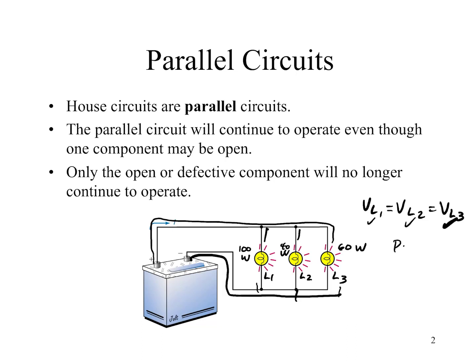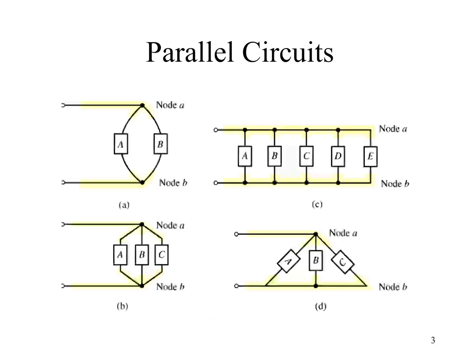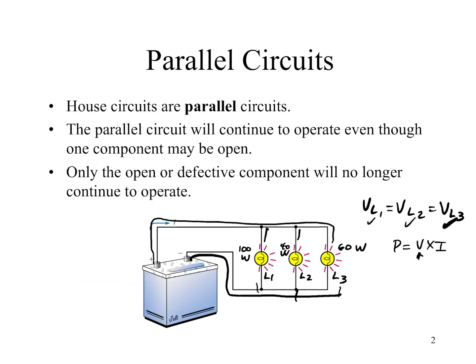We know that P is equal to V times I. And so if voltage is the same for each one of these lamps, we know the quantity that's going to be varying between each one of these is the current, right?